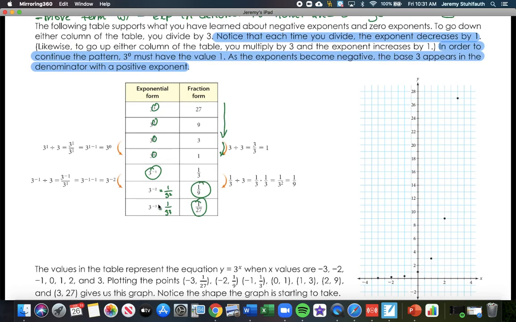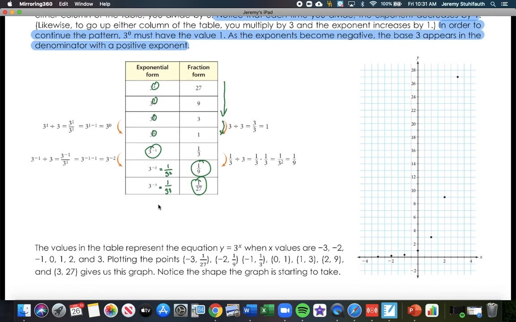And as you place these on a graph, the shape begins to take on the form of what we've seen as an exponential equation.